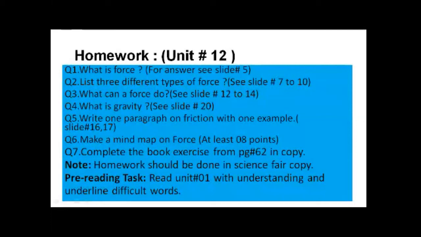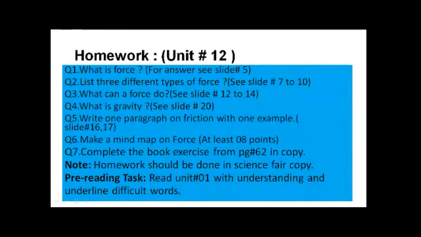So now today I am going to give you a pre-reading task. Your pre-reading task is to read unit number 1 with understanding and underline difficult words. Unit number 1 is about 5 senses.